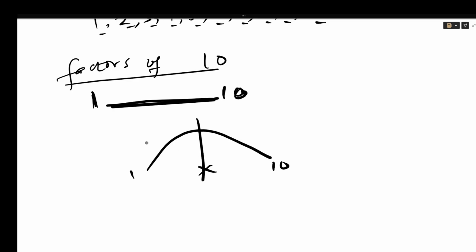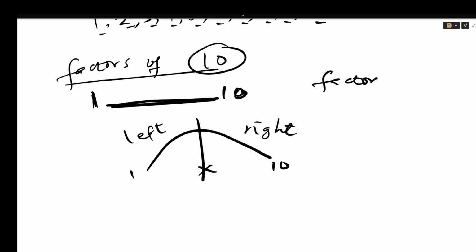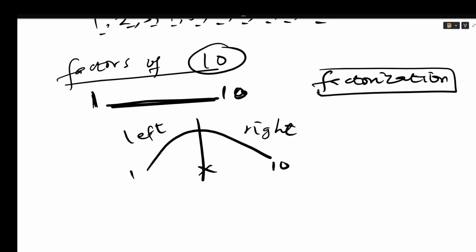So if you pick a number on the left side and multiply by the number on the right side, we should arrive at the number we are looking for. Take note of this. This is very important as we move forward for the purposes of factorization. Finding the factors of a number is very important for a topic ahead of us called factorization.